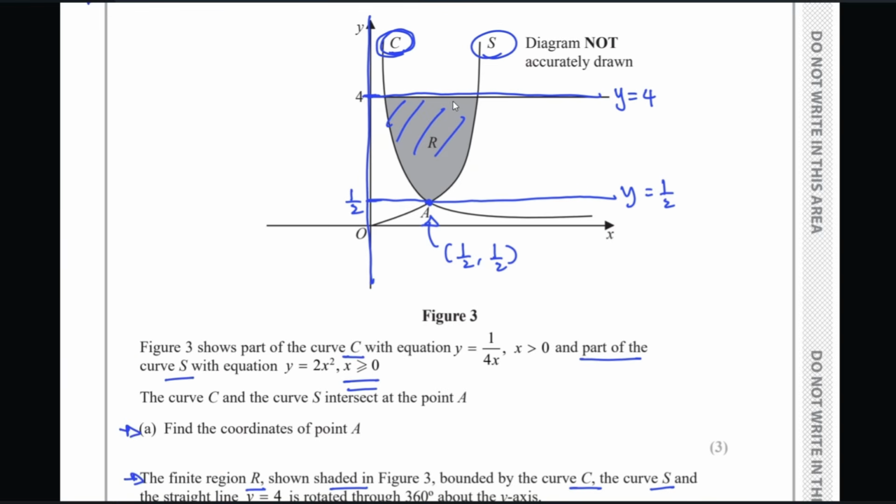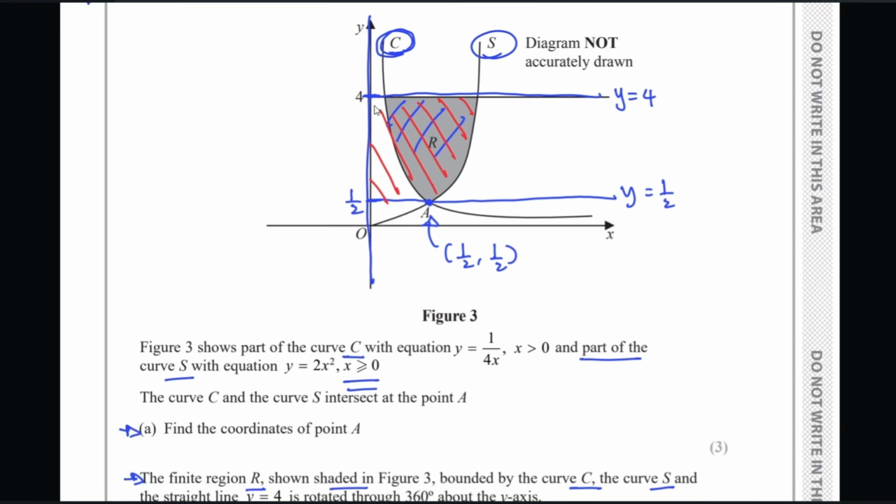We can find the volume of revolution for the region under the curve S between the limits 4 and half. So this red area will be rotated through 360 degrees about the y-axis, and there will be a volume. From that volume, this new volume would be subtracted.